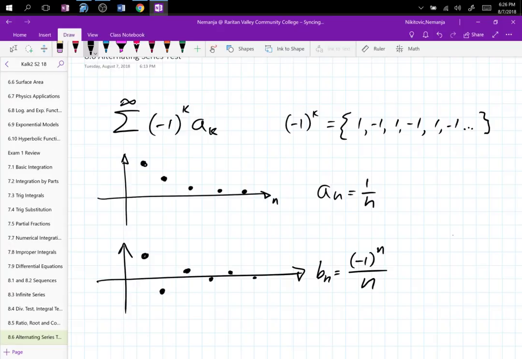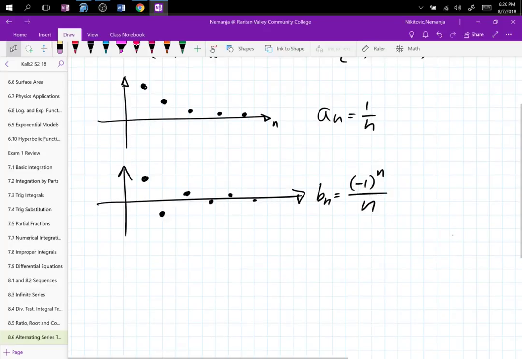Both of these sequences are convergent. They converge to 0, because if you take the limit as n goes to infinity, you get 0 for both. Series are trickier than sequences.